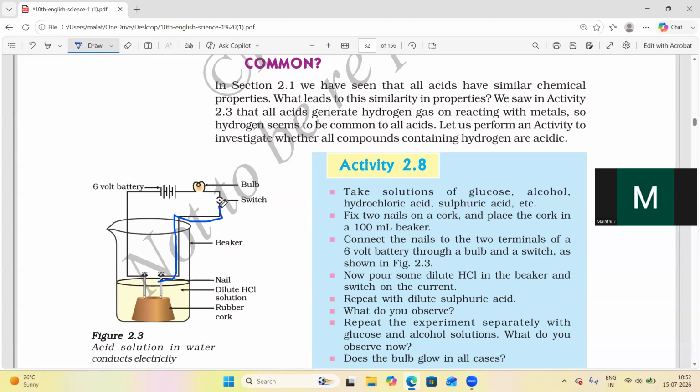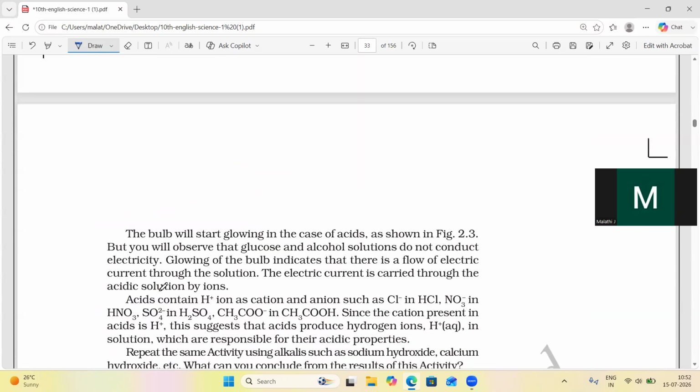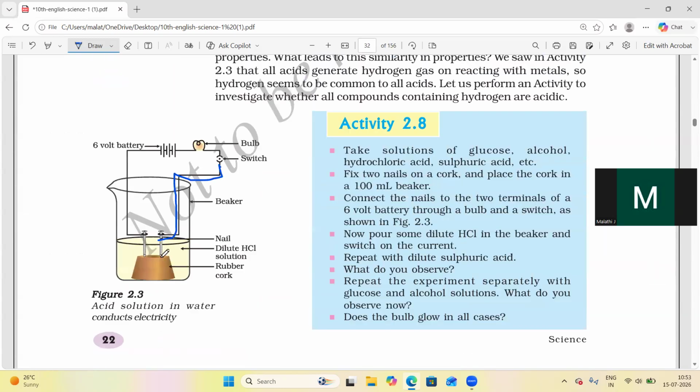You turn on the switch, what will happen? The current will flow into this iron nail. How does the current flow from this iron nail to the other? Is it possible? There is no connection, and a rubber cork cannot transfer ions or electricity to the nail.